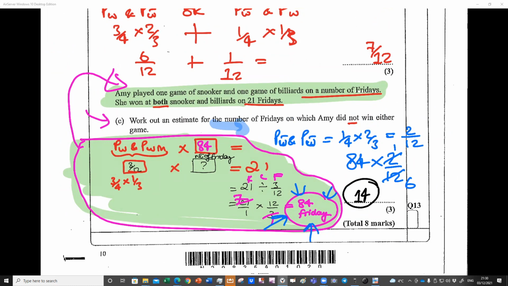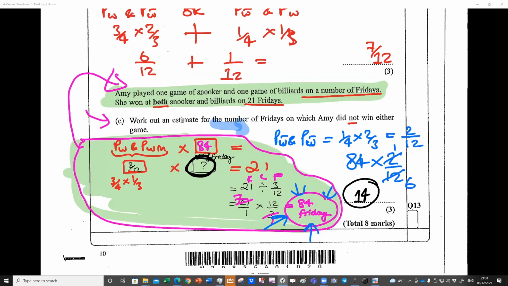And she won on 21 because the probability of winning both is very small. It's a quarter of the time. A quarter of 84 gives you 21. They gave you the quarter and the 21, and you have to work out the missing value. We did a rearranging calculation and worked it out. That's how the 84 came about.